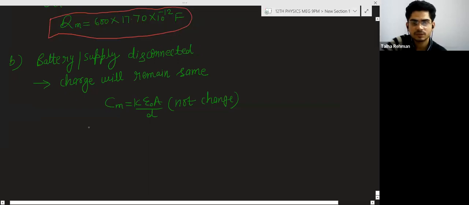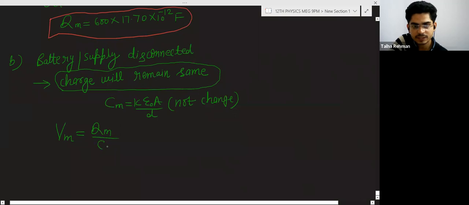Sorry, when the battery is disconnected, it means the charge will remain the same. The charge remains the same, and actually capacitance is changing. Why?